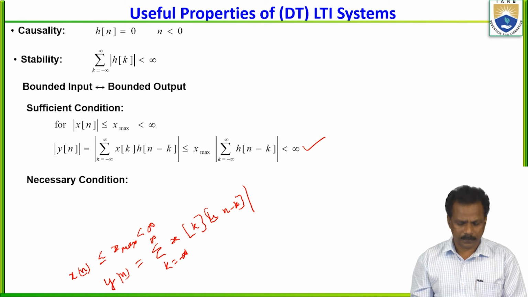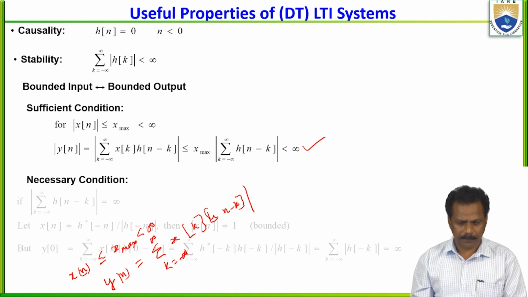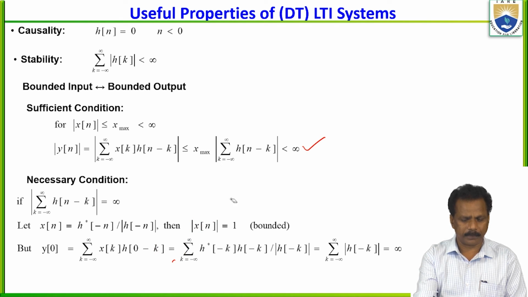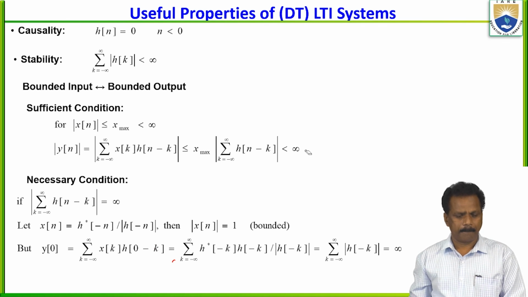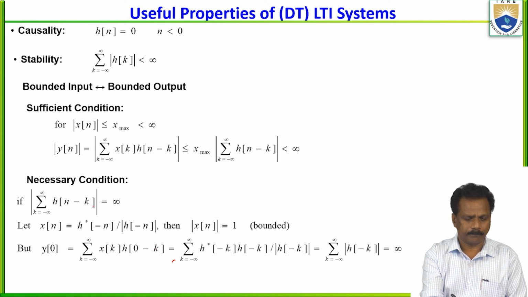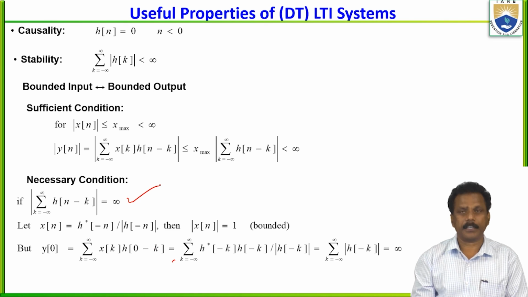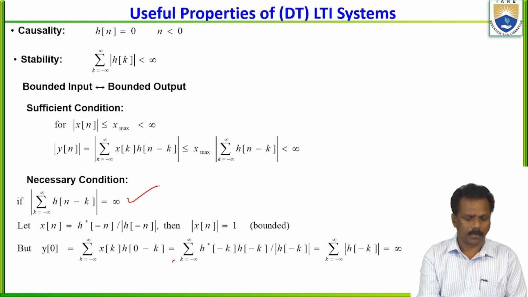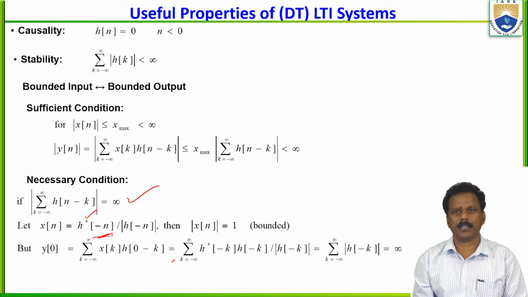This necessary condition depends upon, if the summation k equal to minus infinity to plus infinity of h of n minus k, mod h of n is equal to infinity. Next, let x of n be equal to h of minus n divided by mod h of minus n, then mod x of n is equal to 1.